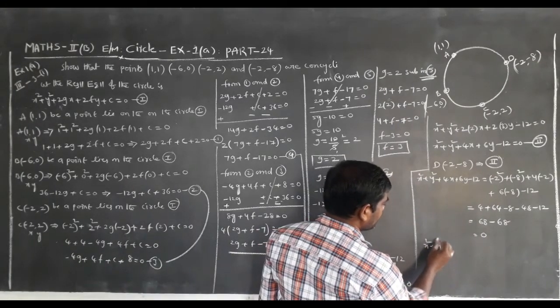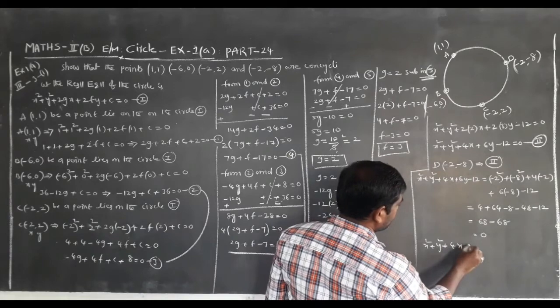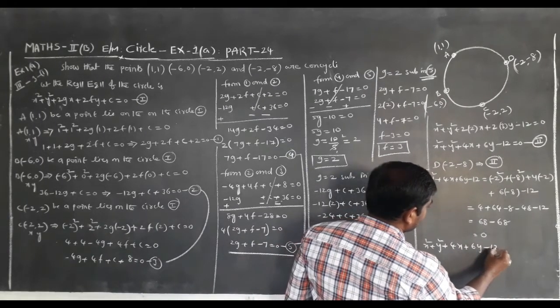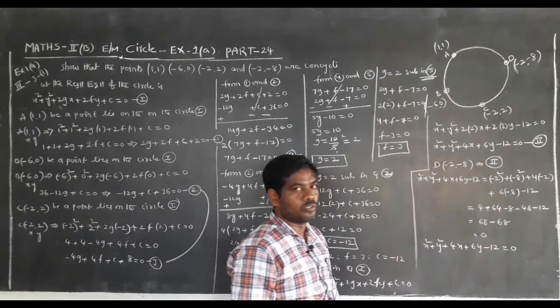Therefore, x square plus y square plus 4x plus 6y minus 12 is equal to 0.